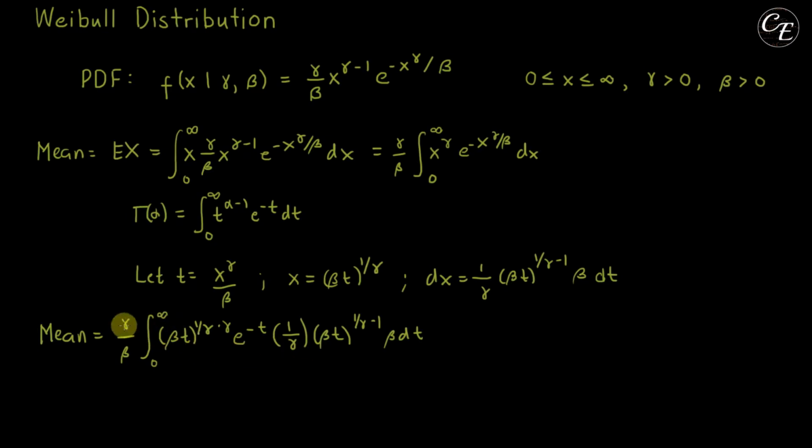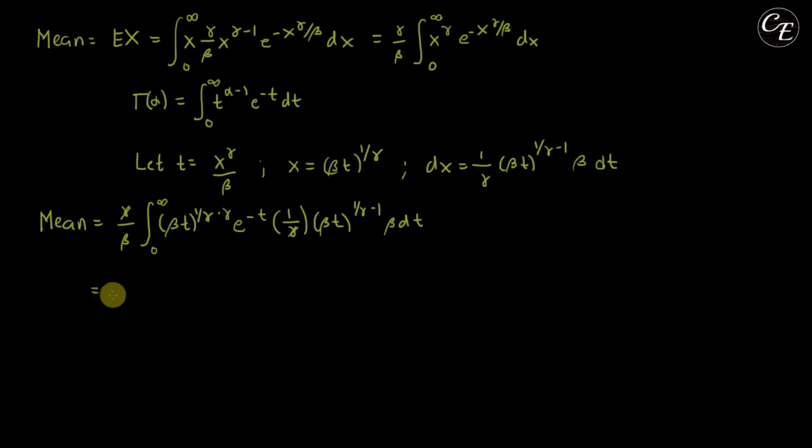For the constant gamma, we can cancel this one and this one. Let us combine all the betas. So we have here negative 1. Then from here, we can cancel out this gamma and gamma. Then we have beta raised to 1, so we have plus 1. Then beta raised to 1 over gamma minus 1, so we have plus 1 over gamma minus 1. Then in here, plus 1. Then we can cancel this negative 1, plus 1, and minus 1 and plus 1.